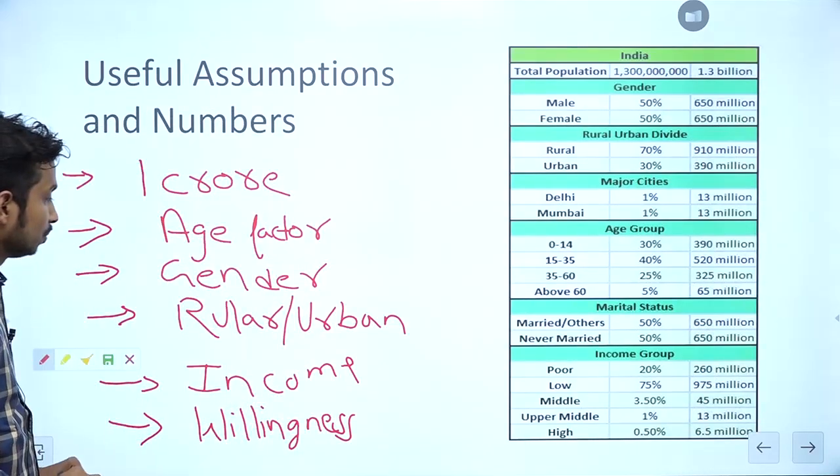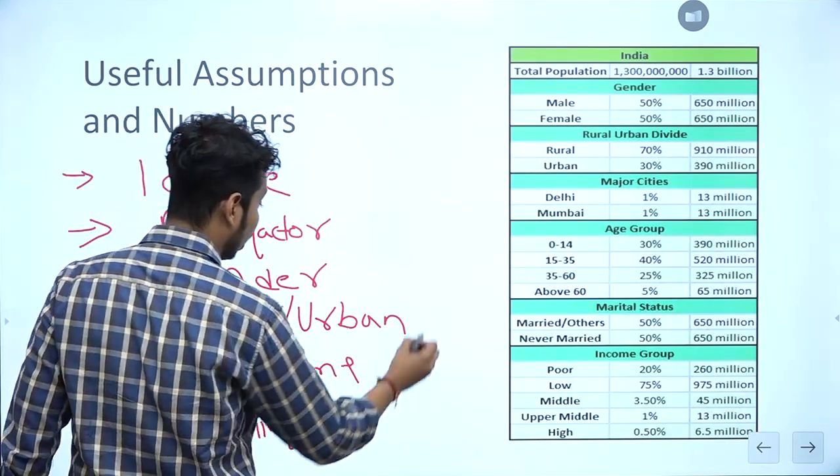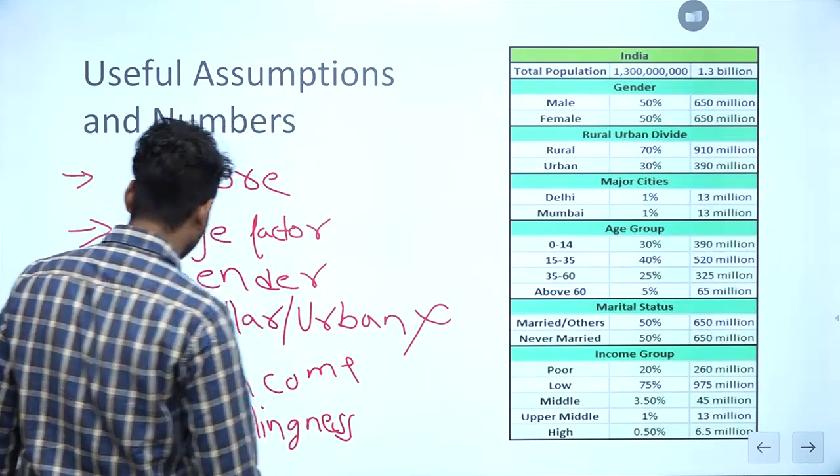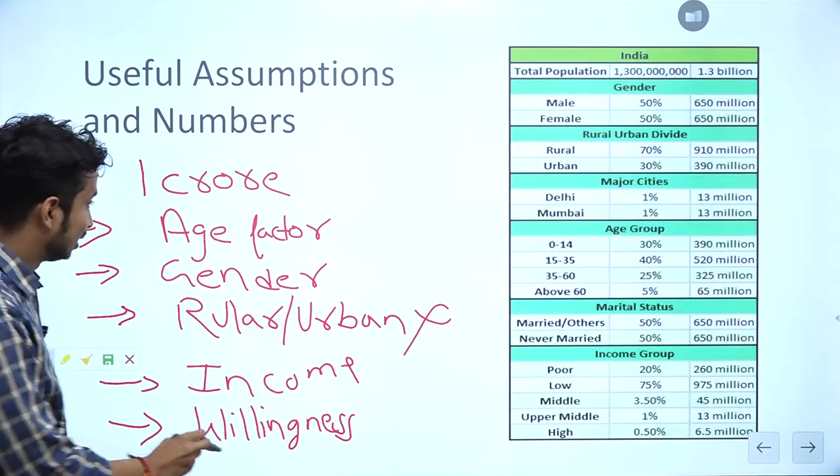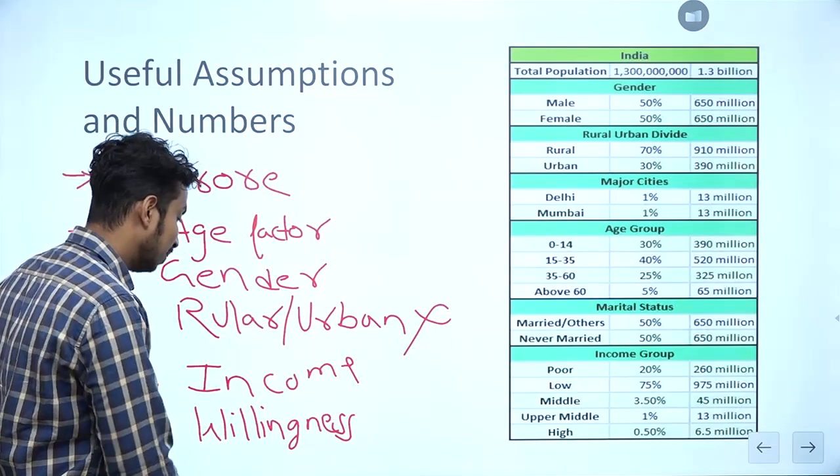Sorry. So in our case, because it's asking about Delhi, the rural-urban factor will not be a part. So these are the 4 factors that we should consider: age, gender, income, and willingness.